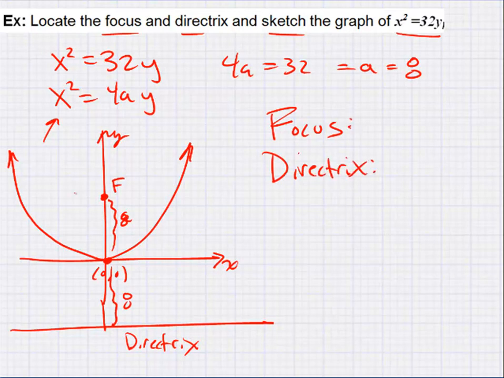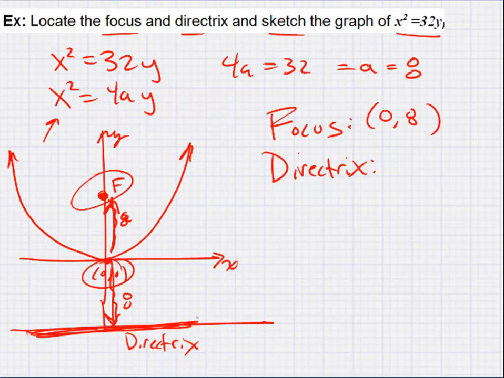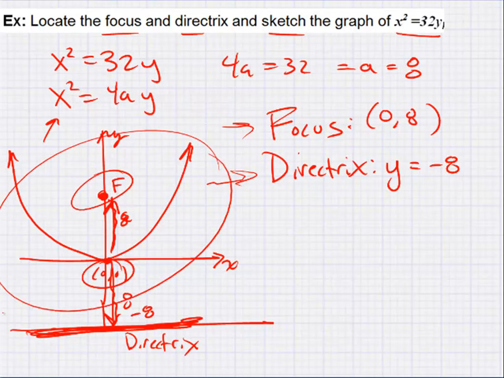Well, if I'm at 0, 0 and I go 8 units up, that's easy. My focus is 0, 8. If I'm at 0, 0 and I go 8 units down, this is going to be at -8 and it's a horizontal line, so y equals -8. So there's my focus, there's my directrix, there's my picture. That easy.